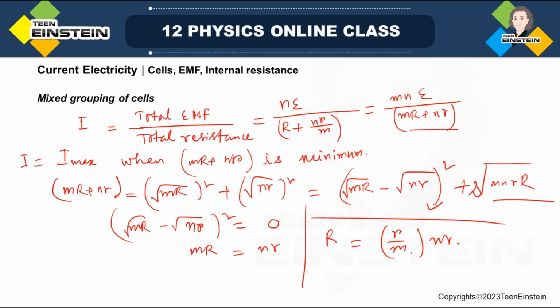This is the condition for maximum current to get in a group of cells.